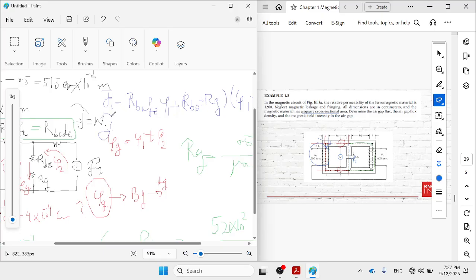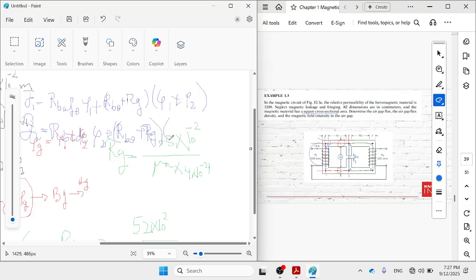So MMF 2 equals its reluctance RBCDE times phi 2, plus reluctance RBE plus RG, times phi 1 plus phi 2, which is phi G. Phi 1 plus phi 2, correct?